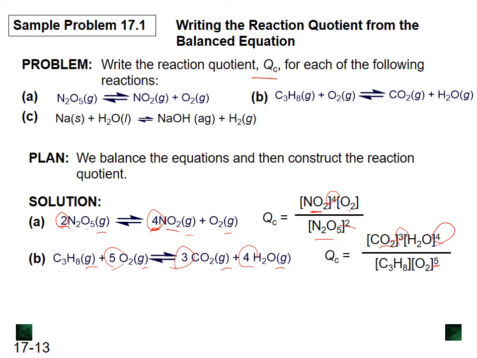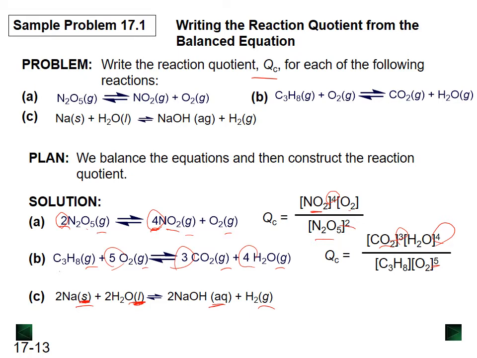Next, we need to balance the reaction, and notice that this reaction is a heterogeneous reaction. You have pure solid, liquid, aqueous solution, and the gas phase. Note that for pure solids and pure liquids, their concentration does not change, so they shouldn't be included in the reaction quotient or equilibrium constant.